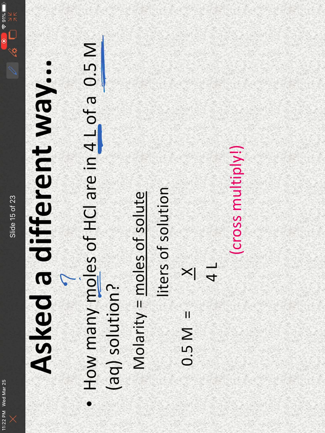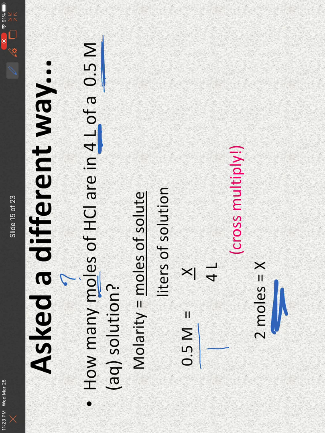So when you plug it in, 0.5 molar is the molarity, X for your moles of solute, and then 4 for your liters. And if you think about this, it's kind of like if you put this over 1, and then you can cross multiply.